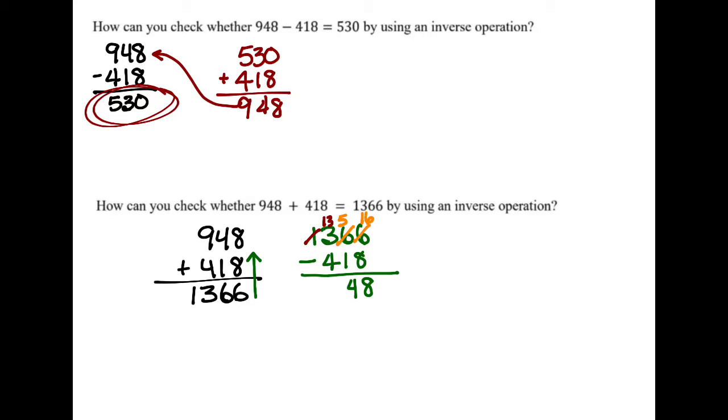So look what I got. I have 13 here, but before I borrowed, I had a 13 here. So if you can see that, you don't need to really borrow, because now I'm going to do 13 minus 4, and we get 9. This is that, so that is the correct answer.